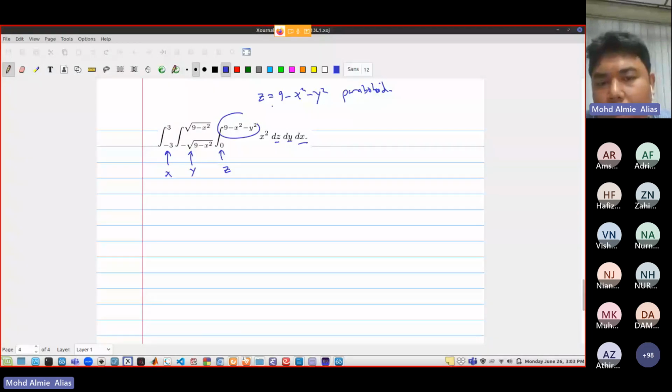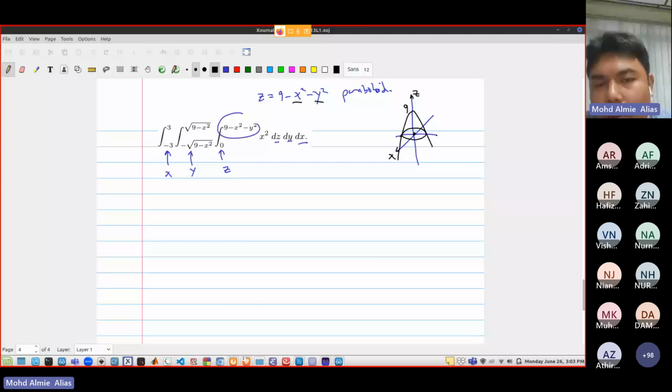It's like a quadratic function, but it has two components, x and y. If you draw it, it's probably something like this, where the maximum point is 9, which is above the origin. When x equals 0 and y equals 0, then you have z equals 9.